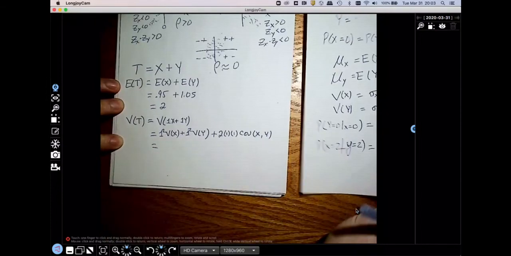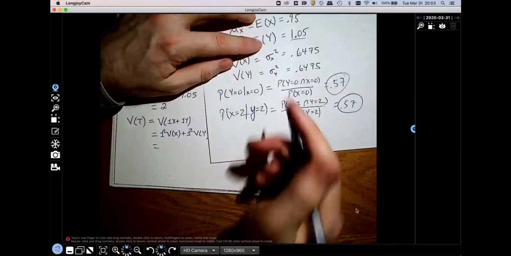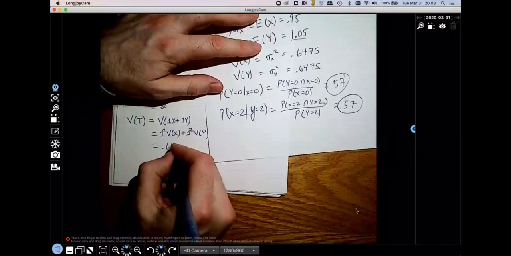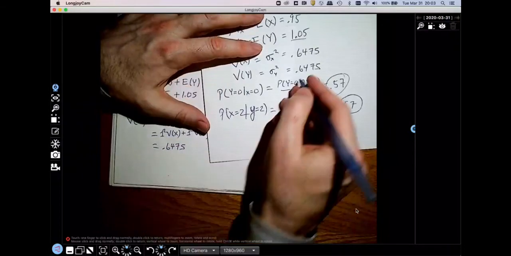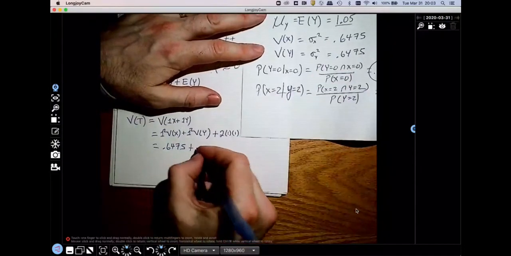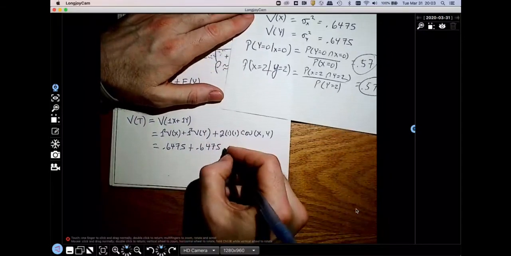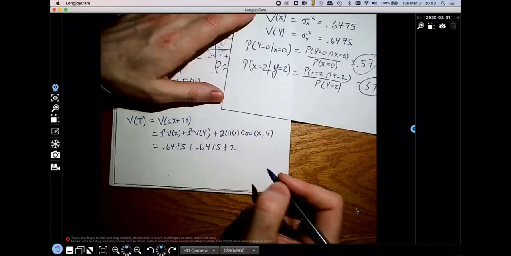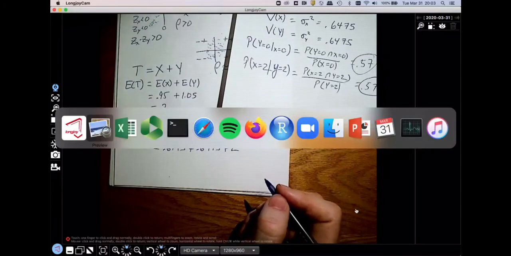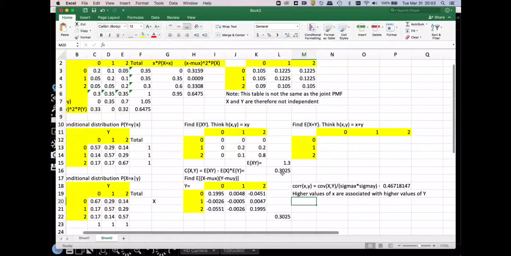So let's go fill in the numbers here. The variance of x is 0.6475. The variance of y also happened to be 0.6475 in this example, plus 2 times the covariance. I didn't write down the covariance. We're going to need to go look that up. So the covariance is 0.3025, and that would give the variance of T.